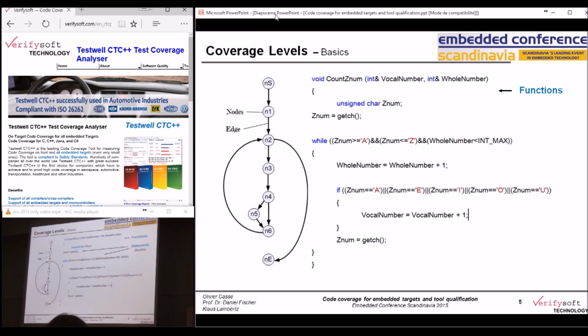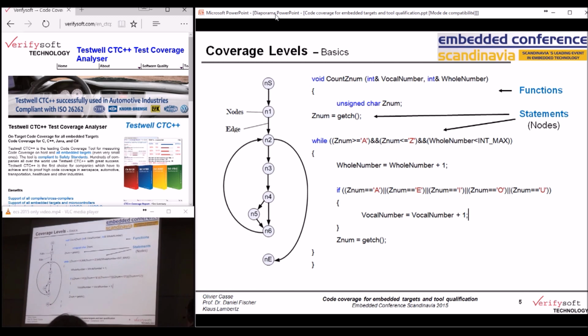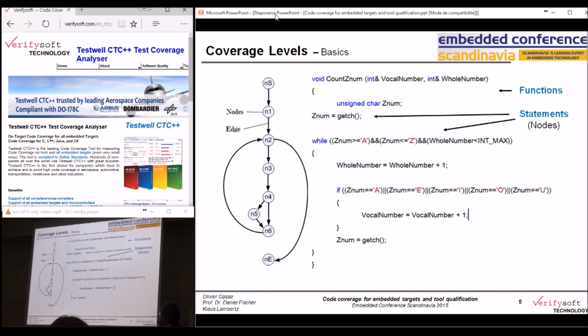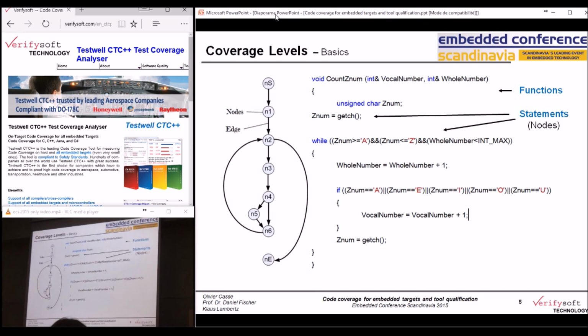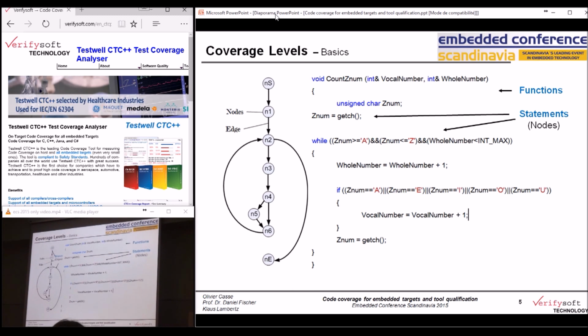So it's quite easy. Then you can do the same at the line, statement or node level in order to prove that you go through all lines. Again, this is quite a simple level. You can check branches.